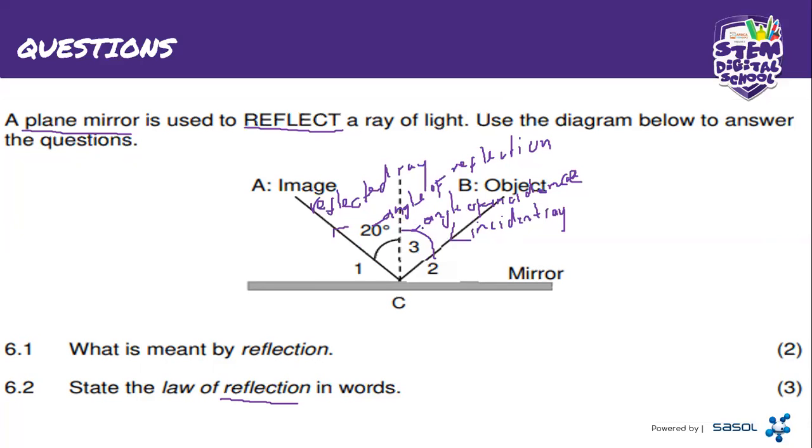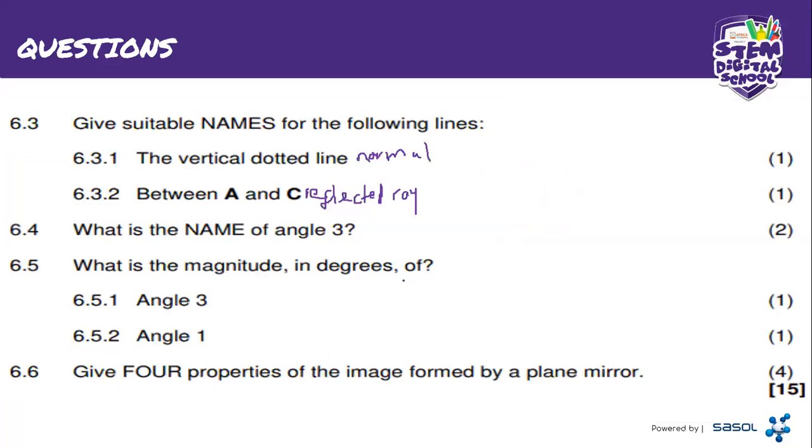It's between the incident ray and the normal. So it is the angle of incidence. And look at that, 2 marks. The examiner is very lenient with us, wants us to get level 7s.